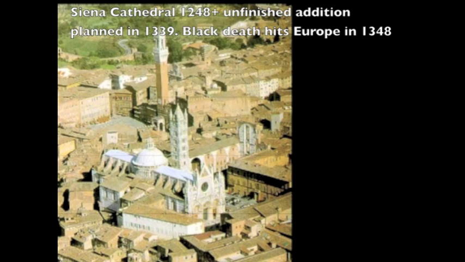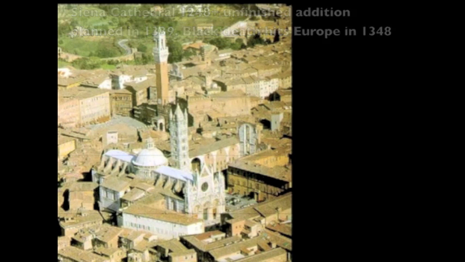We had these crusader ships coming in all the time, these trading missions coming in all the time to the ports, and therefore the rats came with them and the plague spread. When the plague hits a town like Siena, you no longer have the skilled craftsmen to build the rest of this church, and you also no longer have a burgeoning economy that can support the construction of a church like this.